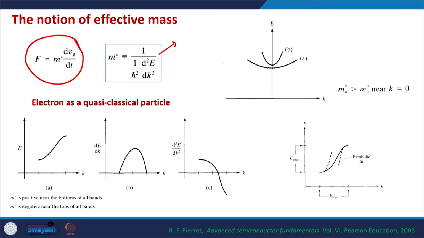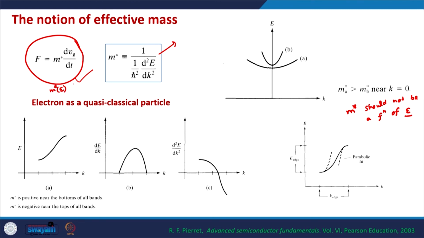And one of these things is that effective mass should not be a function of E. So, for example, in a certain Ek regime, if effective mass is a function of E, in that case this idea cannot be used properly, because then it will give rise to many complications in calculation.